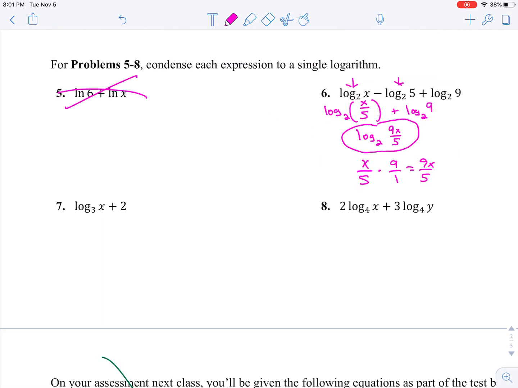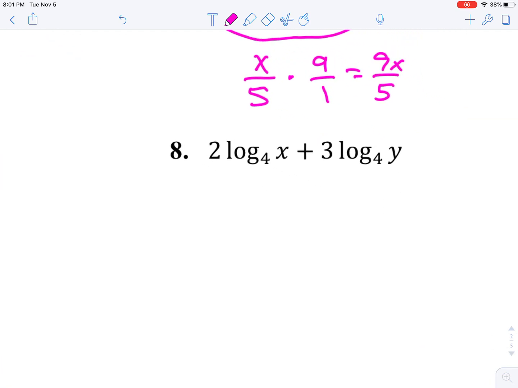Okay, you can see quickly how these ones are done, 7 on Canvas. We could walk through this last one if I have enough time on my video. Yeah, I think we could probably make this work. Okay, so for this one, we're going to try to condense it down. So remember, this becomes log 4x squared.